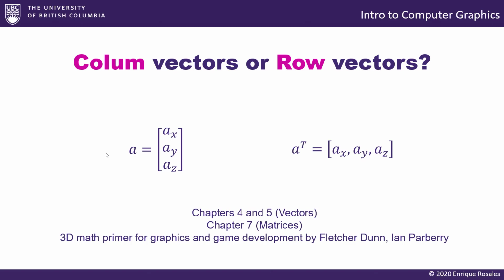The idea was just to give you this geometrical interpretation, and I also recommend reading chapters 4 and 5 from 3D Math Primer for Graphics and Game Development by Fletcher Dunn. Remember, you have the link on the webpage.